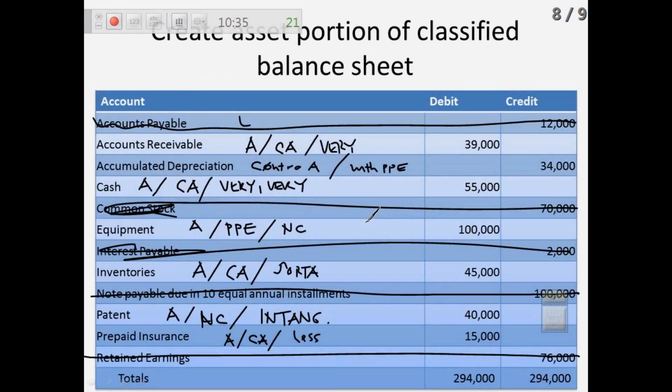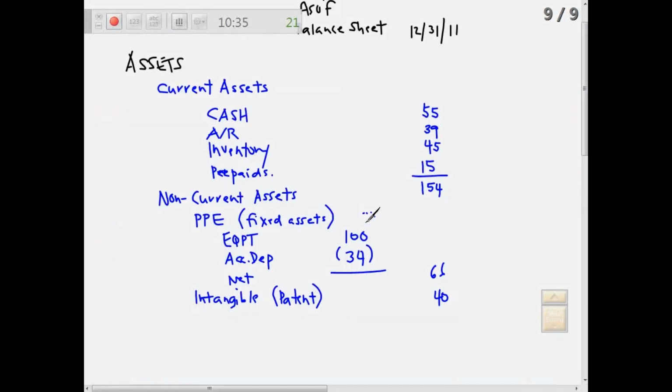We have 1, 2, 3, 4, 5, 6, and then plus accumulated depreciation, 7 things. Good.